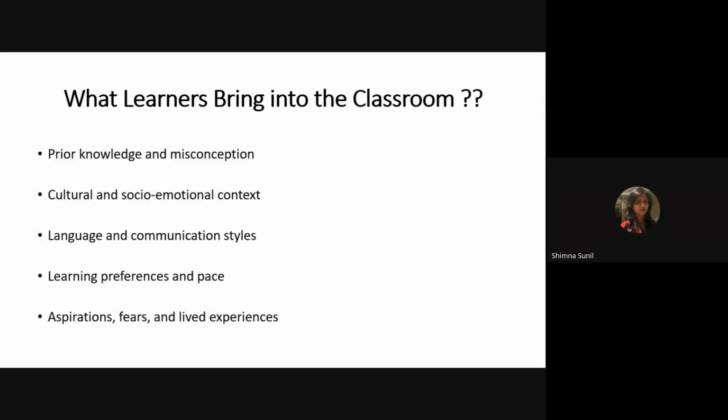So what do these learners bring into the classroom? In short, we can say that they bring a lot of prior knowledge, whatever they have gathered from their previous class, and if they are a KG student in the foundational years, whatever they have learned in their early stage of development.